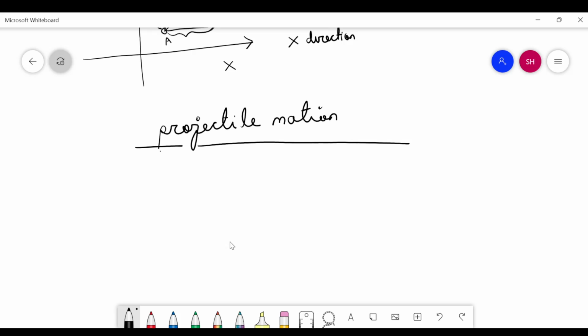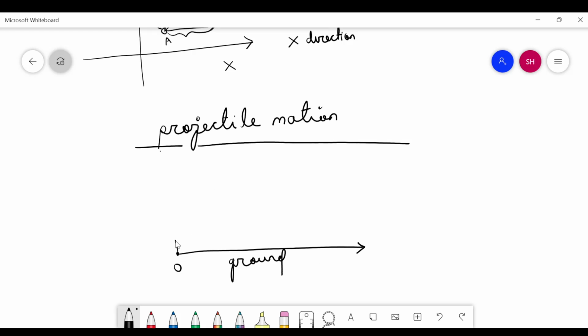Projectile motion is any motion where this is our ground, or the surface of the earth, and the direction along the ground we take as the x direction.